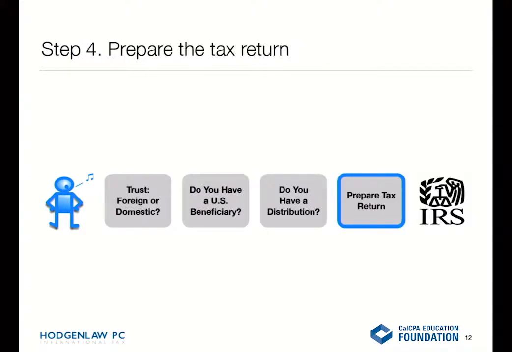Next, once you know what kind of trust you have, a U.S. beneficiary, and you know they received a distribution, next you're going to be working on preparing the tax return. The most important thing here, as we're going to see, centers on whether this U.S. person who received a distribution from a foreign non-grantor trust received a foreign non-grantor trust beneficiary statement.